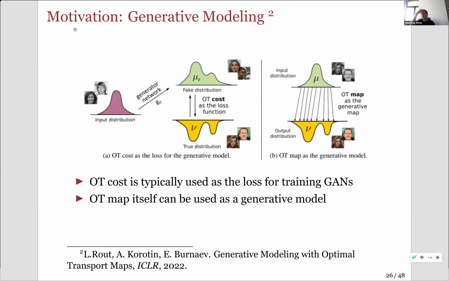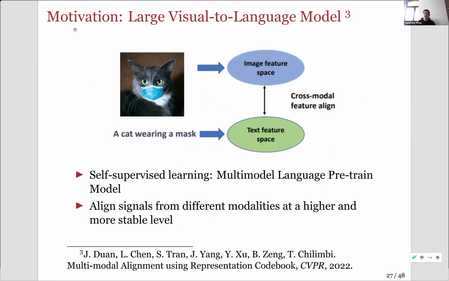And also generative modeling, like the WGAN problem we just discussed, using the optimal transport map itself as a generative model, or evaluating the quality of generated samples. And also multimodal alignment, finding correspondence between data from different modalities, like aligning images and text descriptions in large vision-language models.